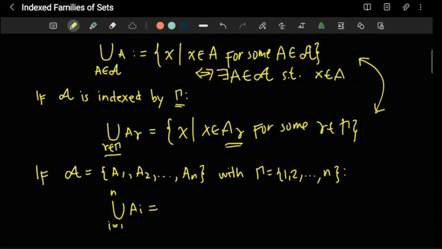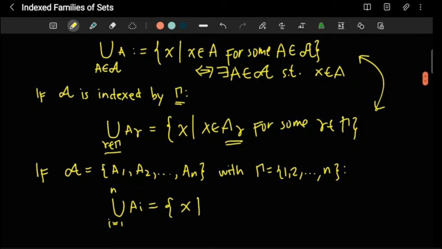So basta mayroon kang collection ng n sets. Yan. So, the definition becomes X such that, so i-retrofit lang natin yung definition dun sa gamma natin. Since ang gamma natin 1 to n lang, so ang requirement lang naman niya, X must belong to any of those. So, X belongs to A sub i for some i in our indexing set.